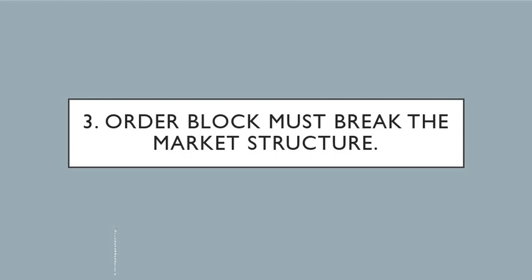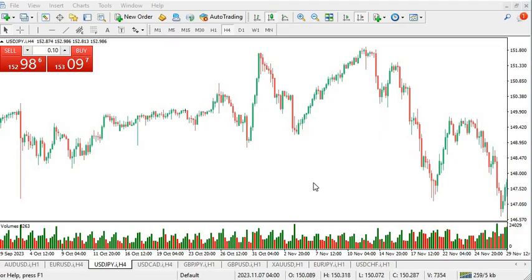Okay, so it is stating that the order block must break the market structure, which we call BMS, breaking market structure. So what does that mean? What does BMS mean?